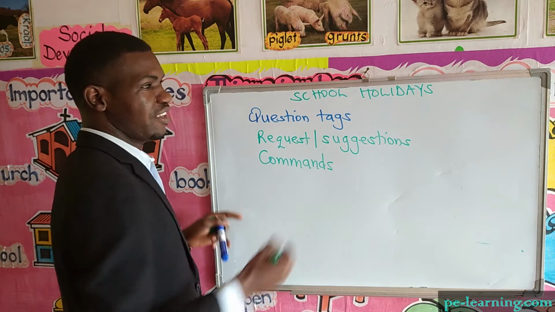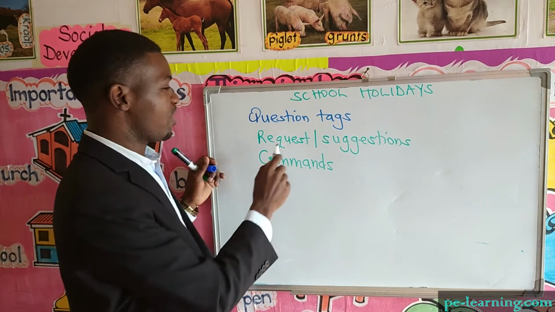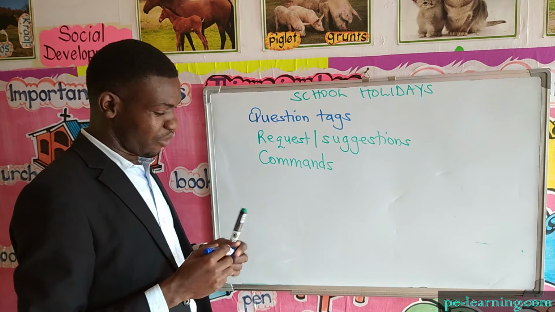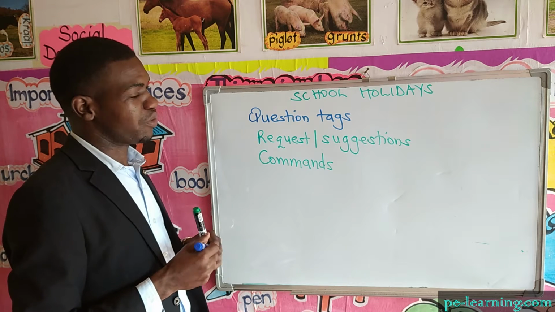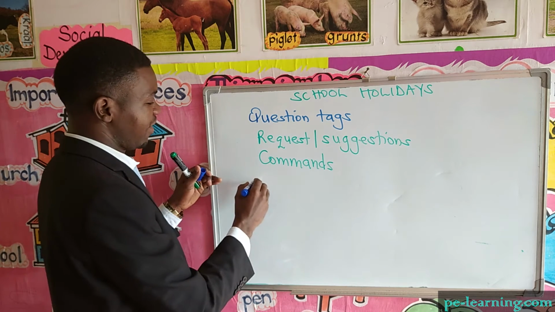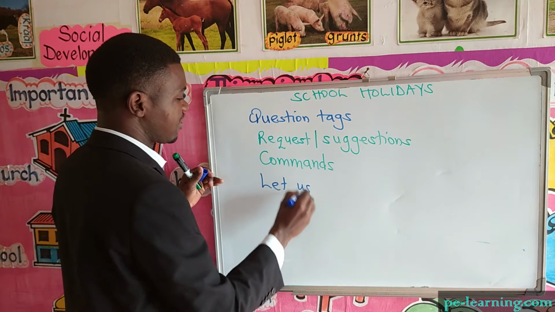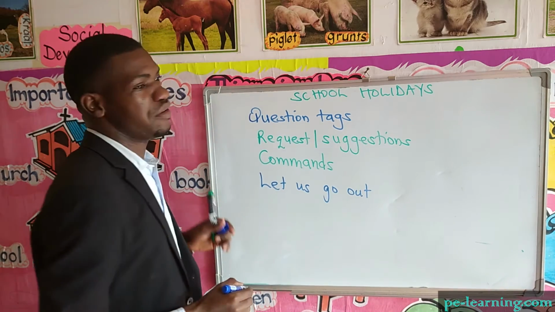Now, the lesson goes. Here we go. Let's begin with requests or suggestions. I'll be seated somewhere and I ask someone, or the people that are within the room, I say, let us go out. That is one.